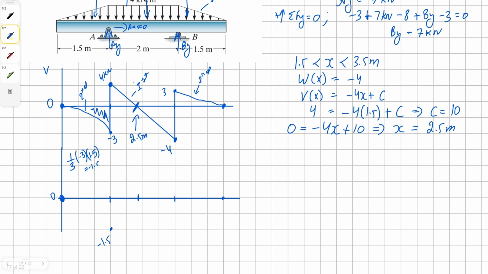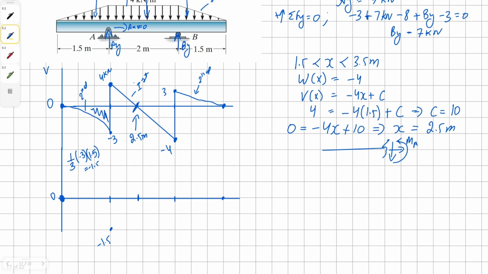Another way to solve this is we could cut our beam at point A, where we're going to have shear, which we don't need to determine for our calculation for the moment.